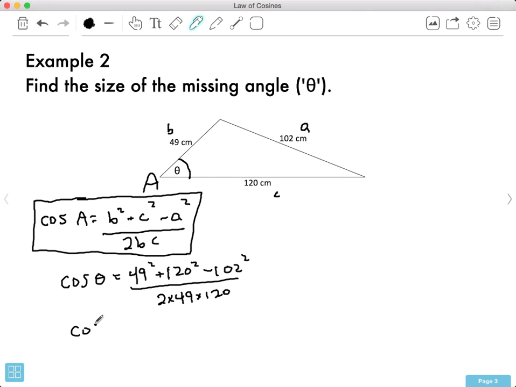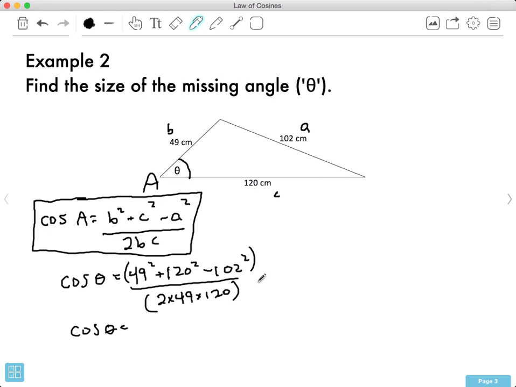So I'm going to get cos theta equals, and when you're typing this into your calculator, if you want to do it all at once, as with any fraction, put the top and the bottom in brackets just to be safe. So you get 49 squared plus 120 squared minus 102 squared divided by, in brackets, 2 times 49 times 120.